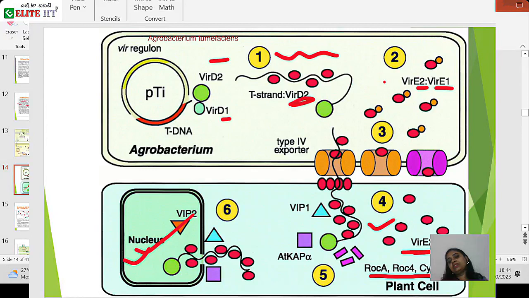Red color is for E2, E1, and VirD2 is green.